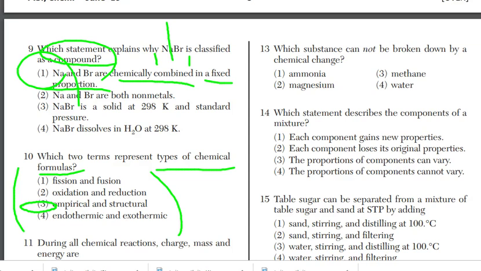Fission fusion is nuclear, oxidation reduction is redox. Endo and exothermic has to do with energy. Endo, energy in, and exo, energy out. So make a list of words. If you forgot their meaning, write down their meaning, look them up on the internet again, find them in questions, and keep on going. Let's work on question 11.